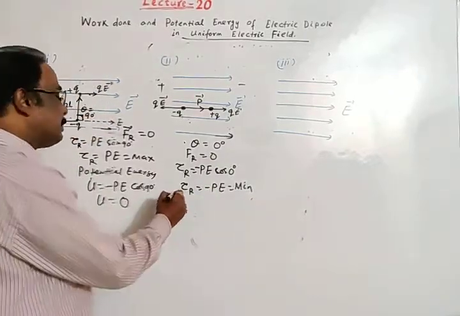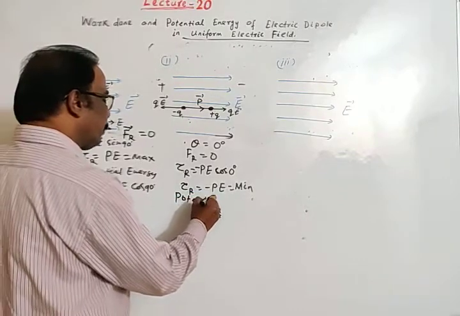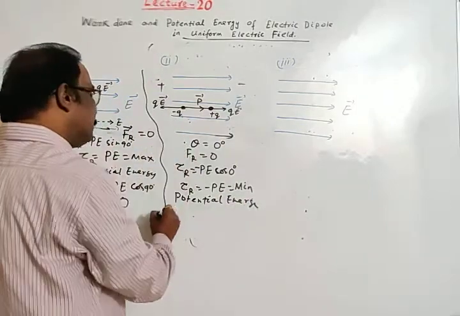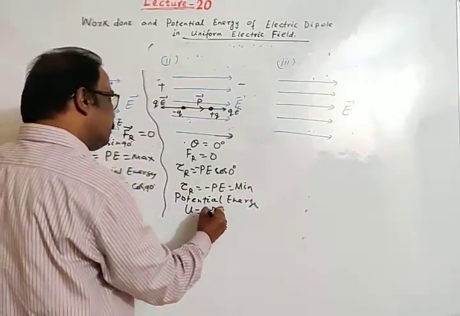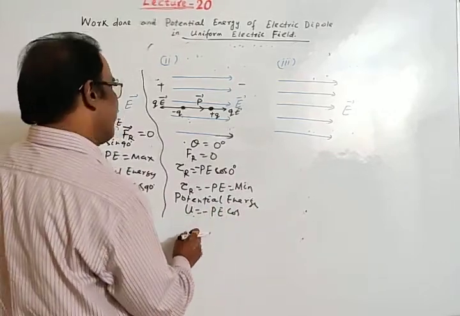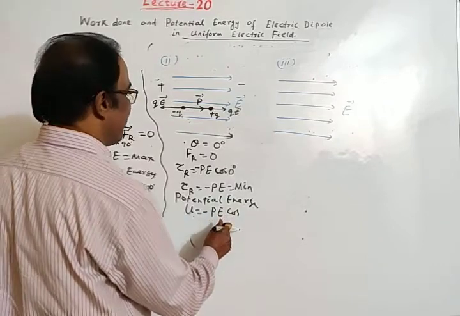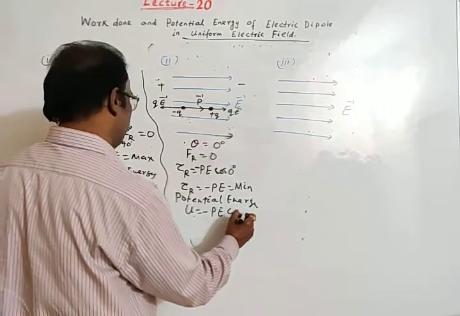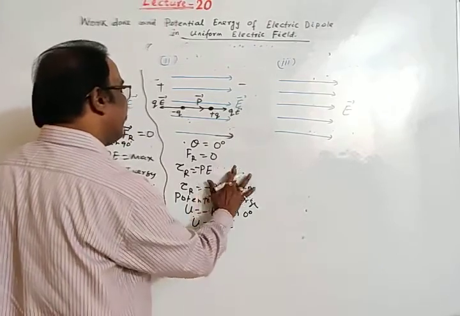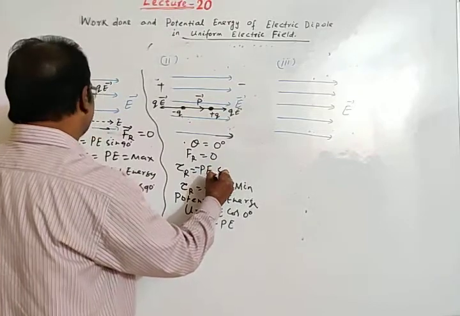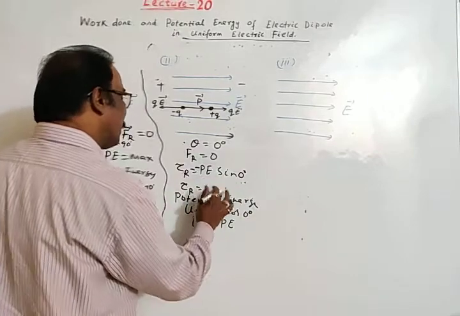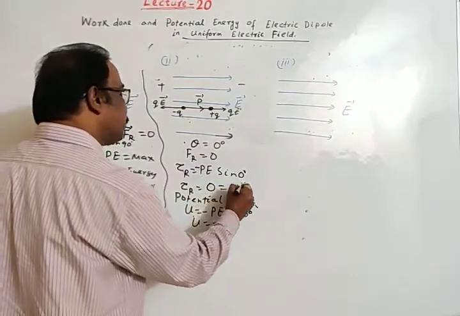Then potential energy. Sorry, torque is P sin theta, theta is 0, so torque is 0, meaning torque is minimum.